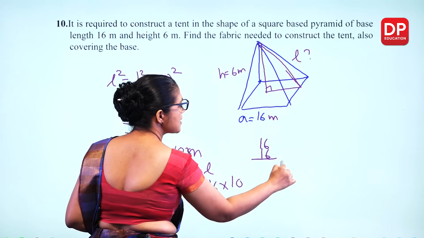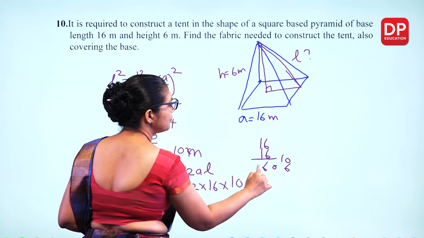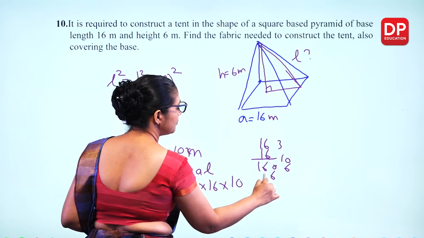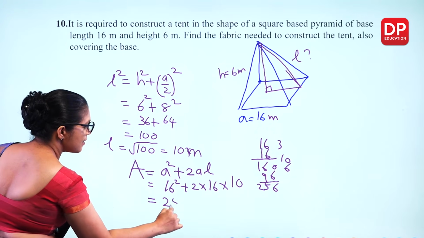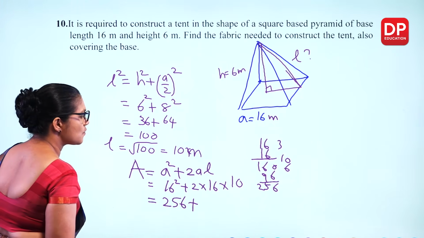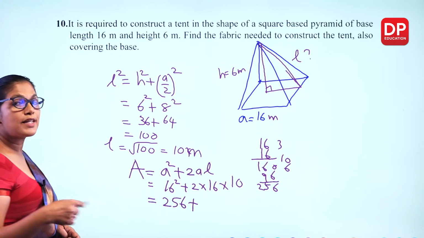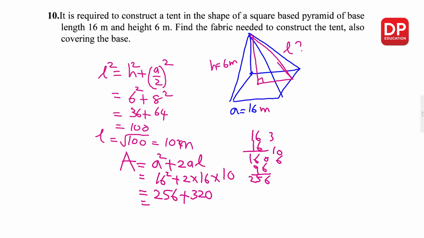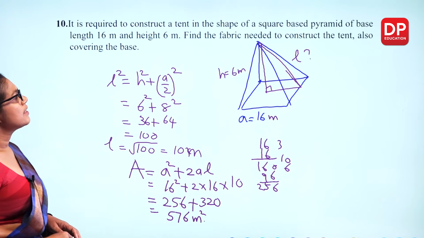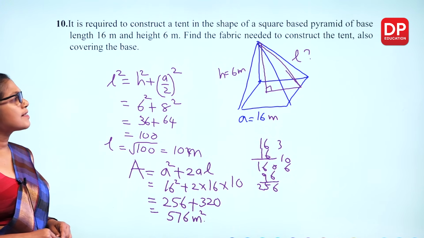What's 16 times 16? 256. Then this one, 2 times 16 is 32. 32 times 10, 320. When you add these two together, you get 576 square meters of material to construct this tent.